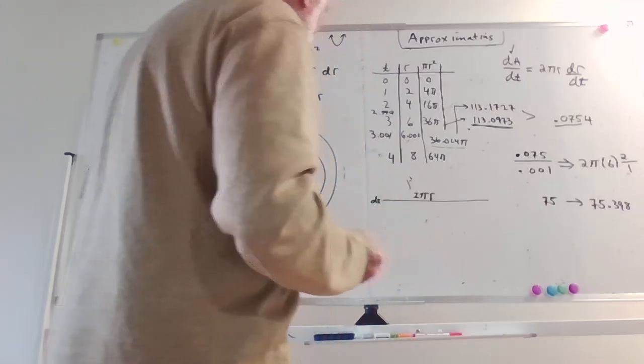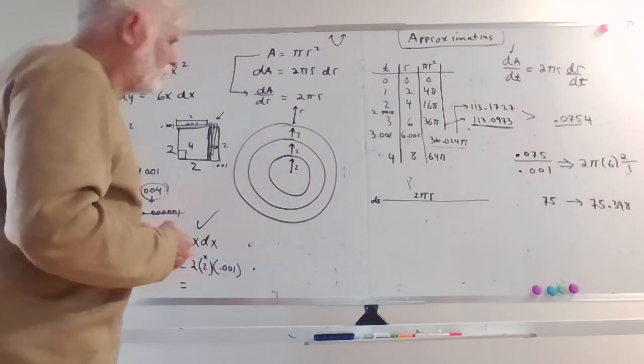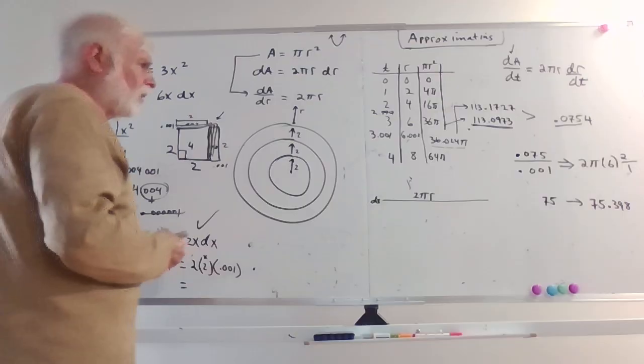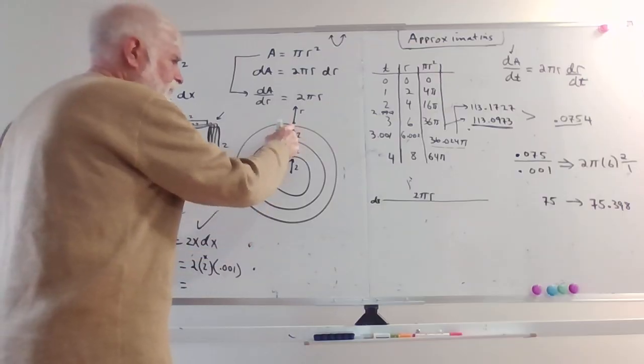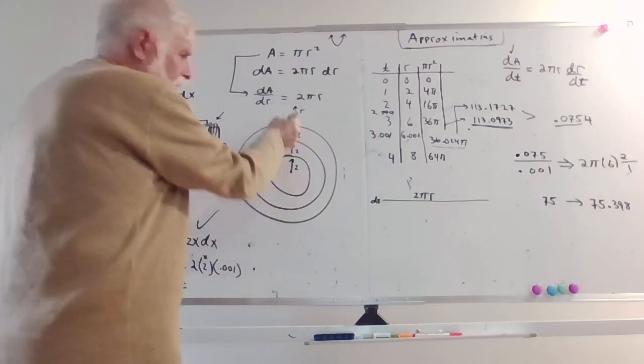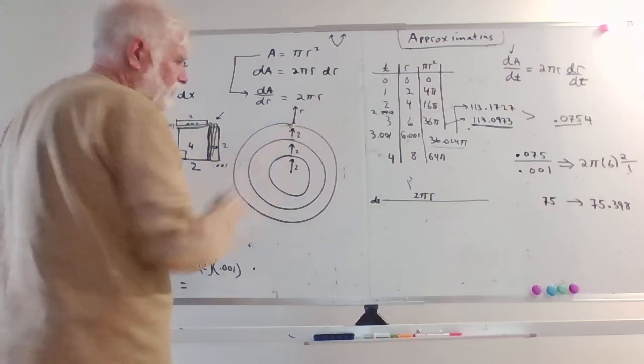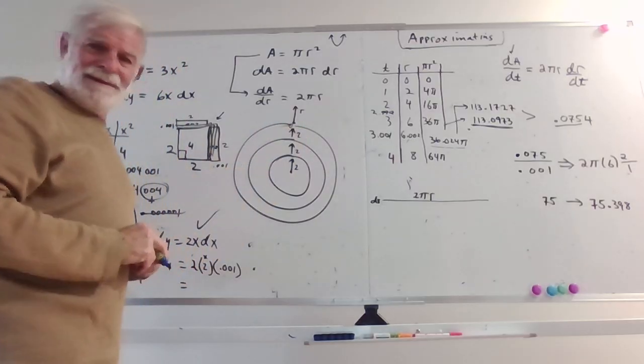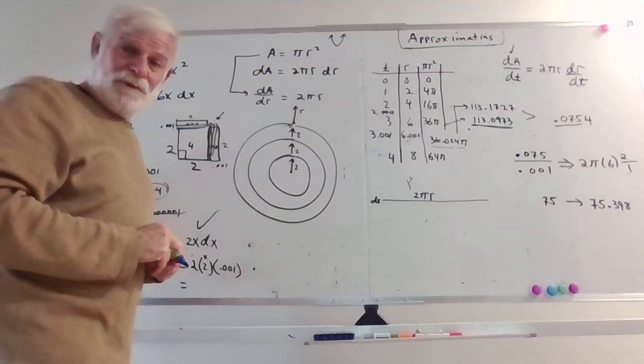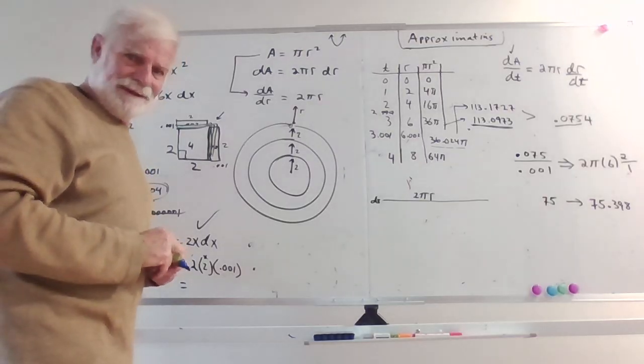All right, so what's happening over here? Well, what's the layering process? I hope you can see that if I snip this and open it up, then that is my dr right there. The width of the area that I cut through the circumference of the circle.